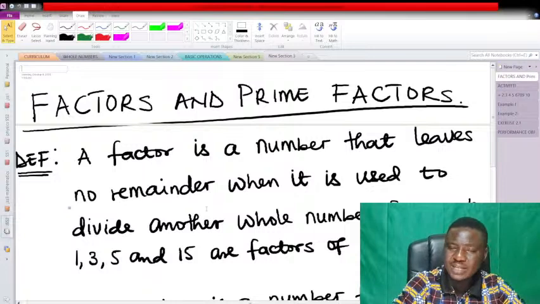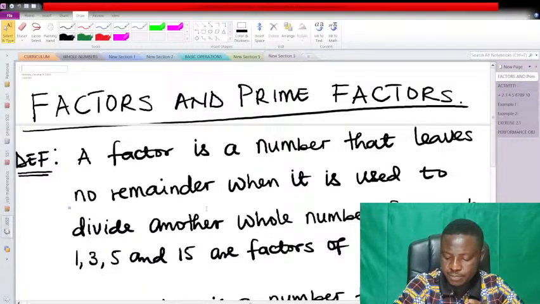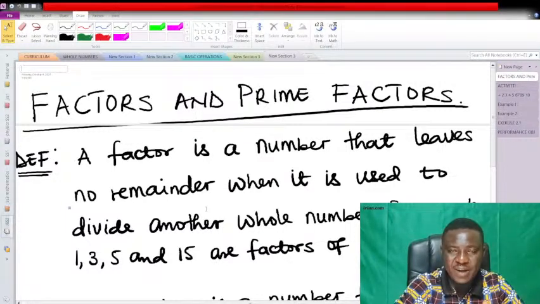Now I said under definition that a factor is a number that leaves no remainder when it is used to divide another whole number. For example, 1, 3, 5, and 15 are factors of 15. Another way you can define a factor is as a smaller number that divides a bigger number without a remainder.